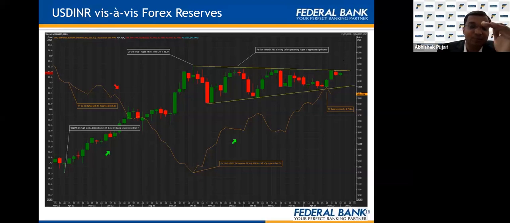But at that point, with dollar appreciation, we may see a depreciation of Euro against USD. But the depreciation of Euro against USD, in proportion, will be lesser as compared to dollar INR. So the range on Euro INR will be roughly around 88 to 90 levels.